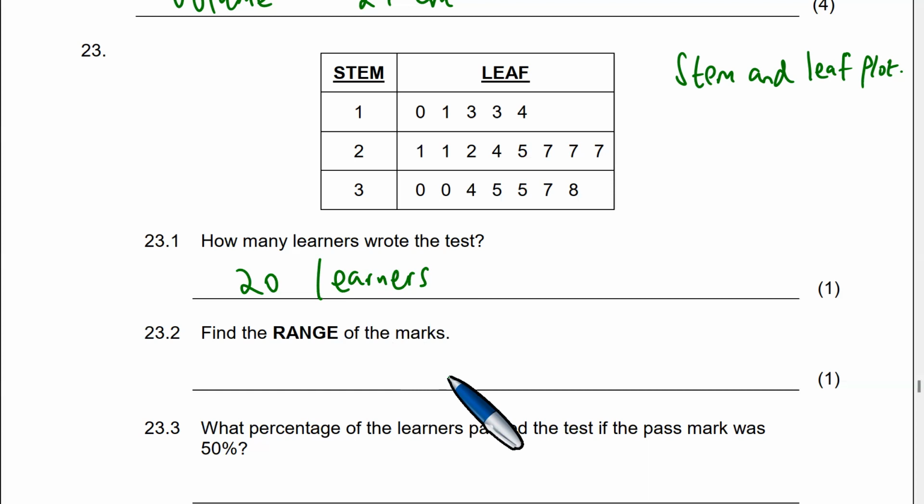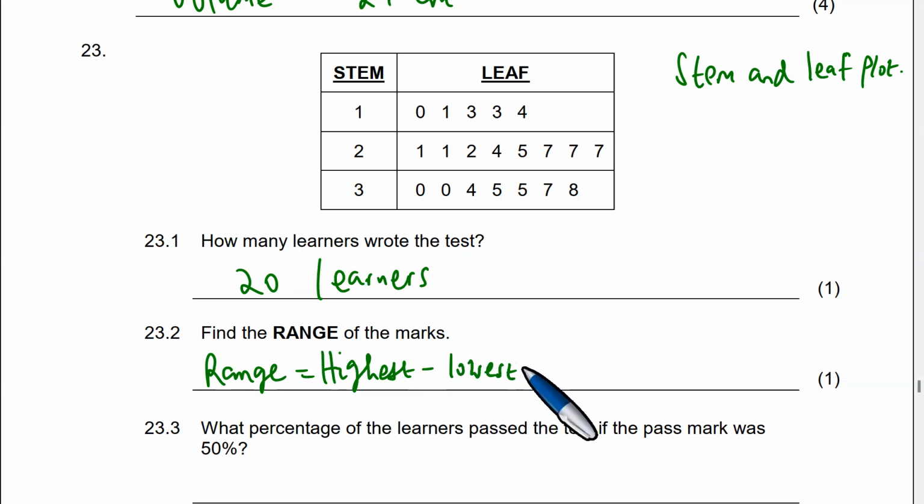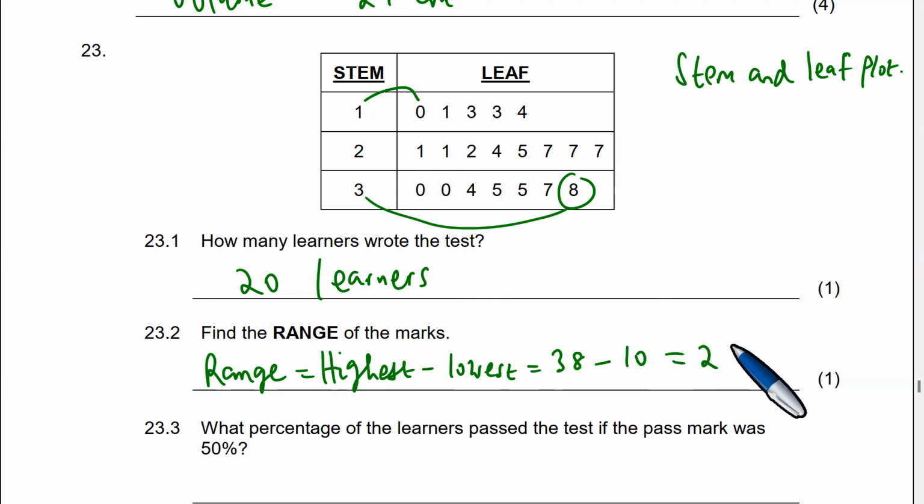Range means the highest mark minus the lowest. What is the highest? 38. The highest is 38. The lowest is 10. And the difference is 28. Well done, that's correct.